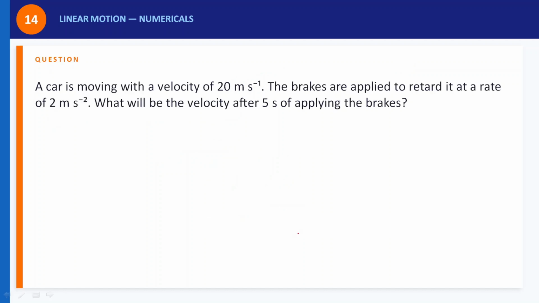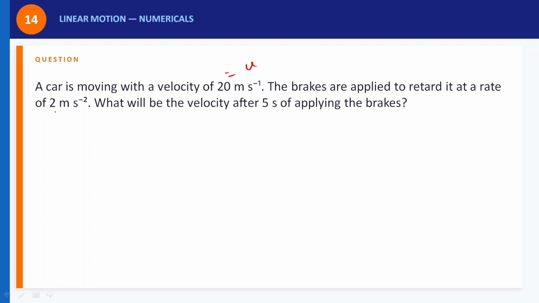A car is moving with a velocity of 20 meter per second. The brakes are applied to retard it at a rate of 2 meter per second square. What will be the velocity 5 seconds after applying the brakes? In the question, this is the value of u, the initial velocity.